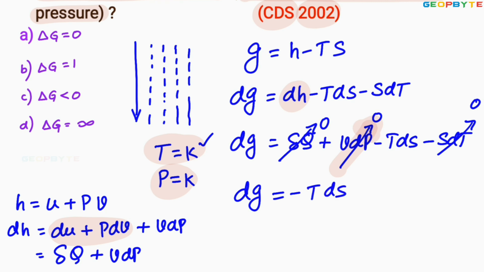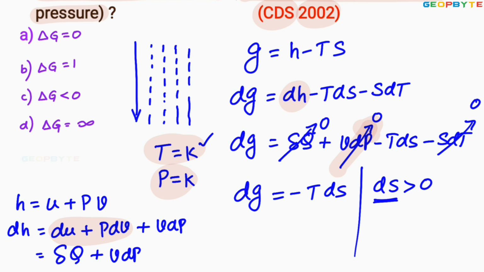Dear friends, the water is naturally flowing down. Since the water flow down is a natural process, all natural processes come under irreversible process. For any irreversible process, dS is always greater than 0. Change in entropy is always positive.